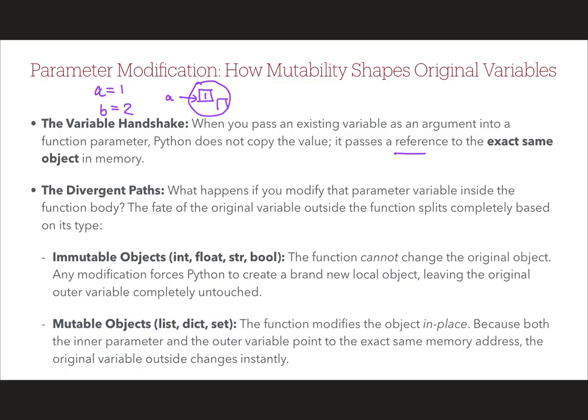Some other place has the value 2, and b is the name of that variable. So a and b are the names of those values.